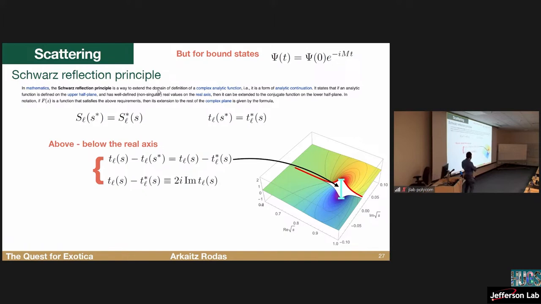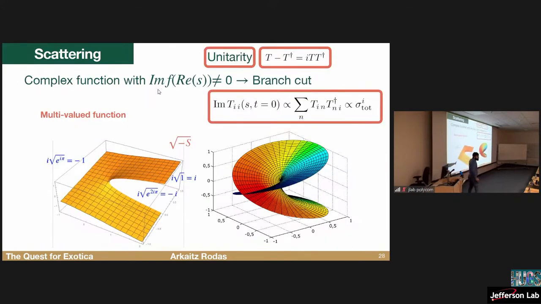The function minus its complex conjugate is just 2 times i times the imaginary part. So wherever we have an imaginary part for the function, we have a jump. The greater this imaginary part, the greater the jump. Okay? Very simple.